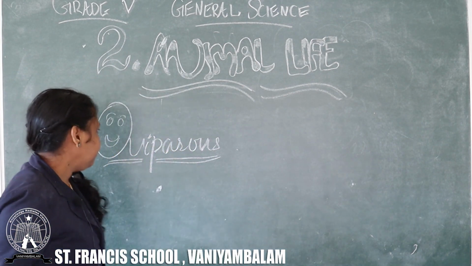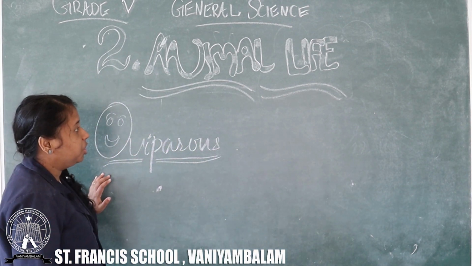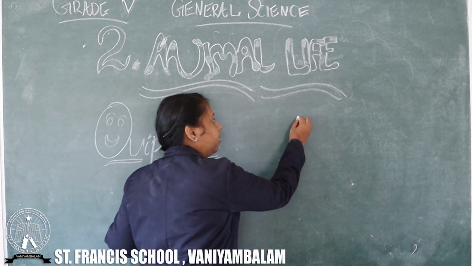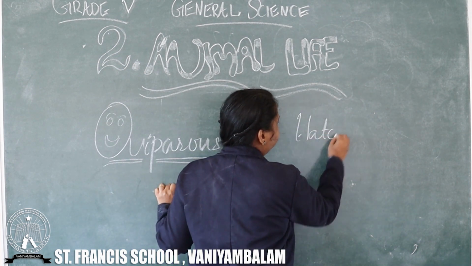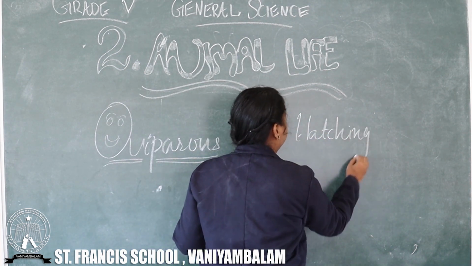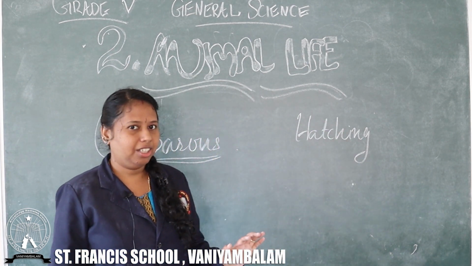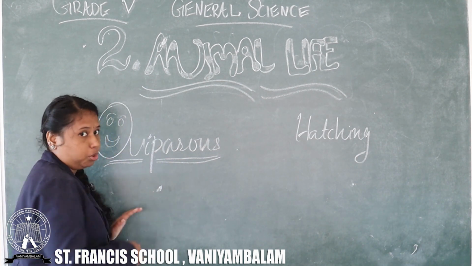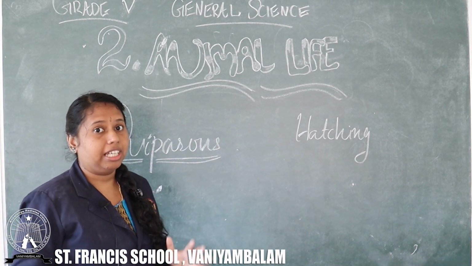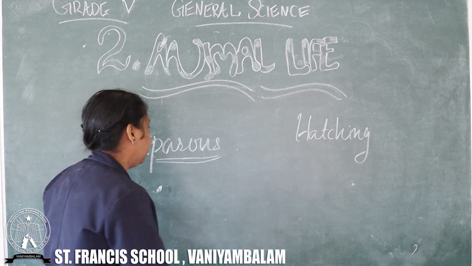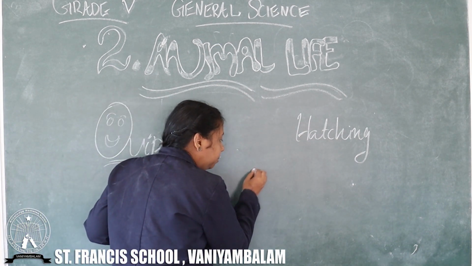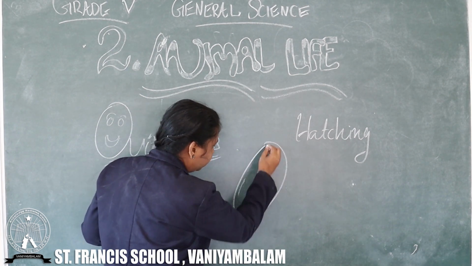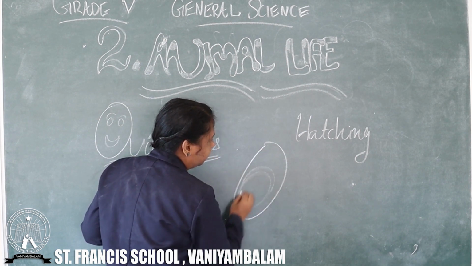Then here we are talking about some more examples. Before that, let us introduce one more term, that is hatching. What do you mean by hatching? The oviparous animals, I told you, are the animals which lay eggs. After the egg is laid, the babies will develop inside the egg.